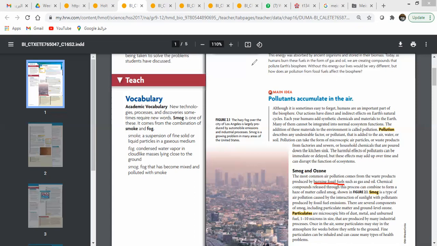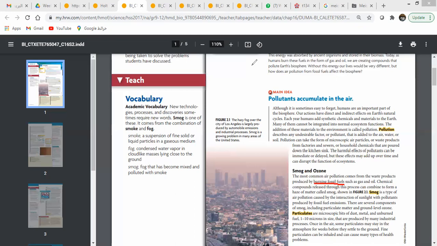So in the air, when I see this smog, one of its components is called particulates, which are very small pieces, microscopic bits of dust, metal and unburned fuel present in the air. Some of these particulates will, after a time, settle down to the ground, and some of them will be inhaled, we breathe them. And these cause many types of health problems.